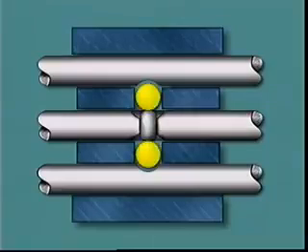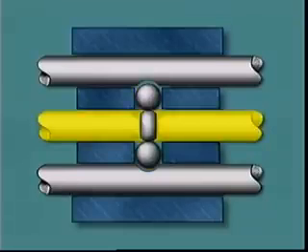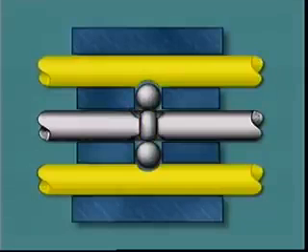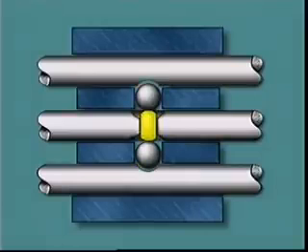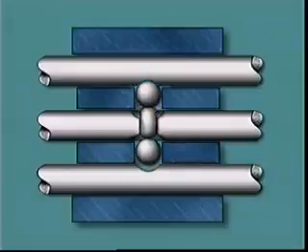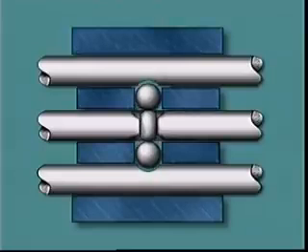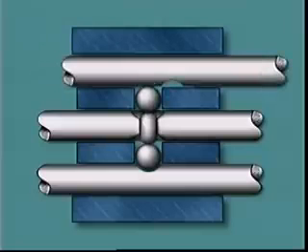In this design, 2 steel balls locate in the casing between the center and the outside shift rails, and in alignment with grooves machined in the shift rails. A small plunger is captive in a hole drilled in the center rail. In the neutral position, the balls and plunger can move laterally. But when an outside rail is moved, the ball is pushed sideways to contact the plunger and move the opposite ball into the groove of the other outside rail.